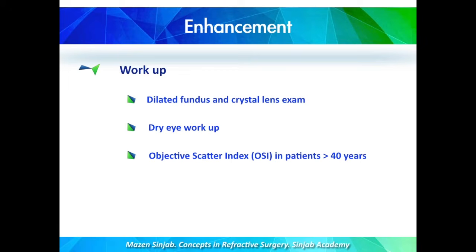It is a device that measures the scatter of light of the crystalline lens in order to diagnose and exclude very early cataracts that can be misdiagnosed on slit lamp biomicroscopy. This will affect the decision for enhancement or even for phakic IOL implantation. This can be done especially in ages above 40s.